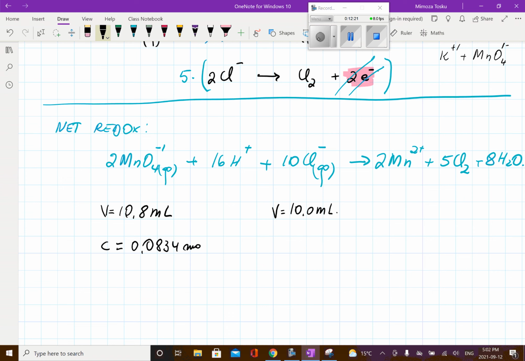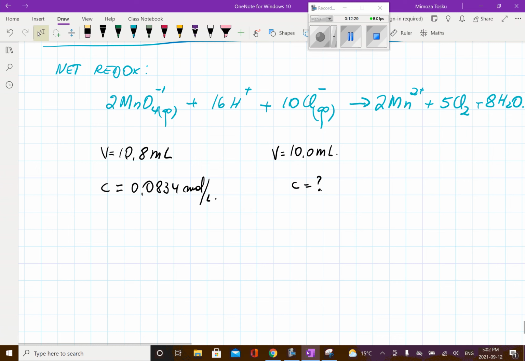And we are looking for the concentration of chloride ion. Okay, so we'll start now, and always when we start in stoichiometry, we start with what is given.